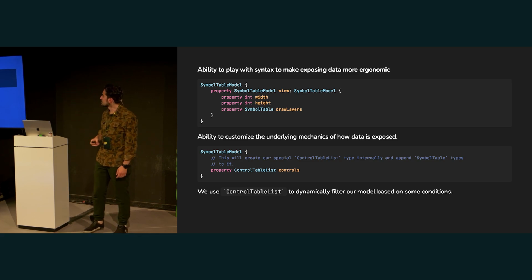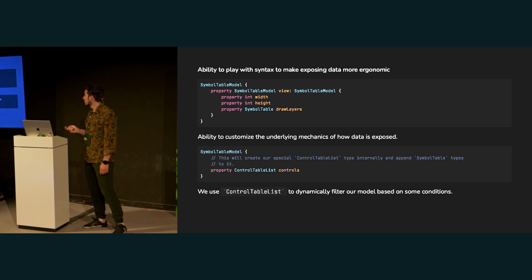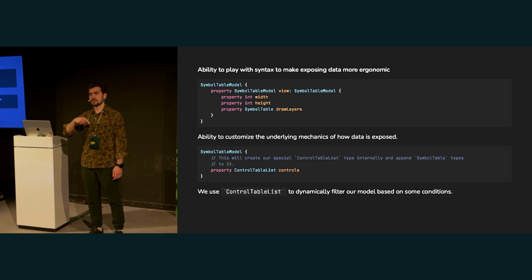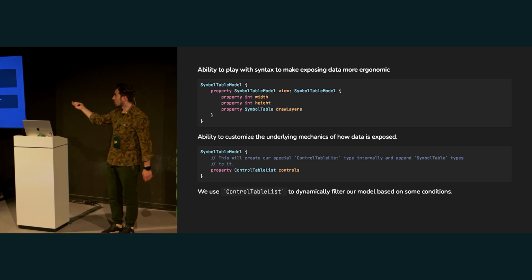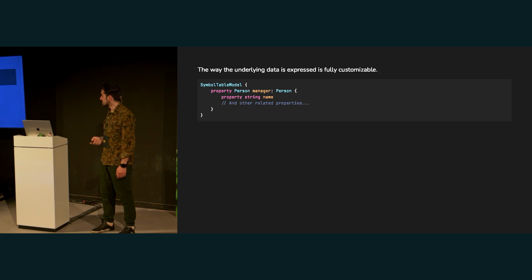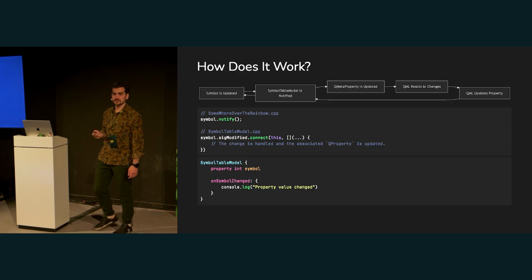It taps into that new symbol table model, feeds in the table, and then all of the data inside of it gets populated. And we can also add those control table lists. We use it to hide and show some controls, for example, in our views. And all of this, you can call it JSON, a new JSON type or a person type that can have different things. It provides a lot of flexibility for us.